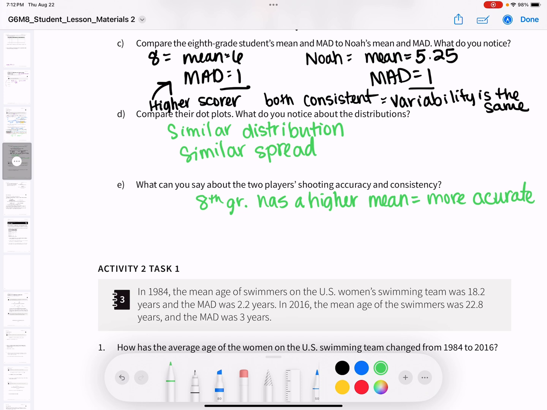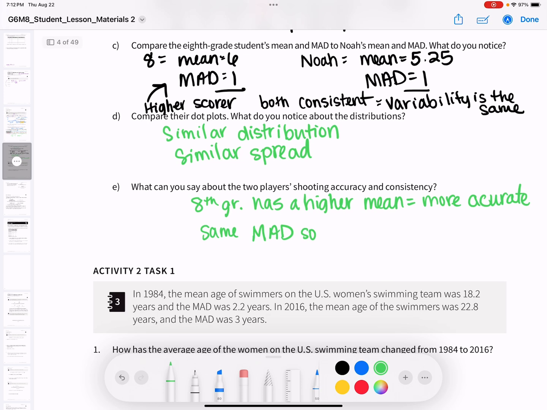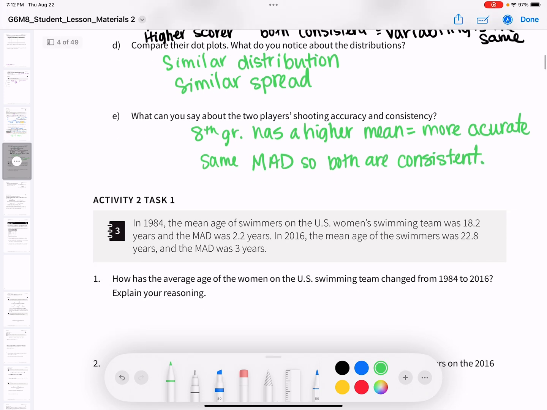They have the same MAD though, so they're equally consistent. Okay, let's move on.